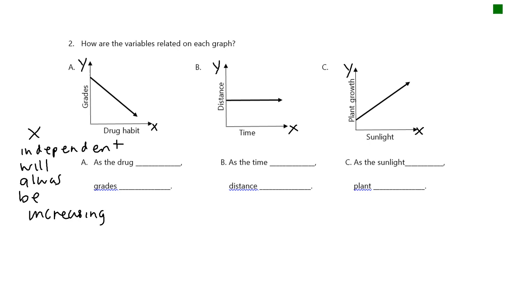Alright, so as they're telling you, as the drug increases, I know that, because this is the x variable, it's going to be increasing. It says as the drug increases, grades, well, what happens to grades? The grades go down. So the grades decrease.